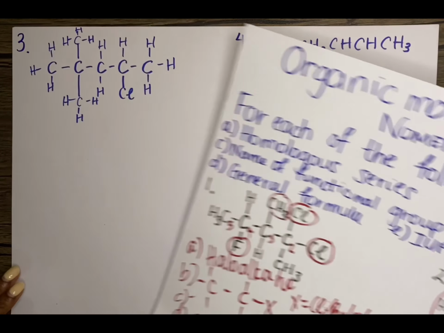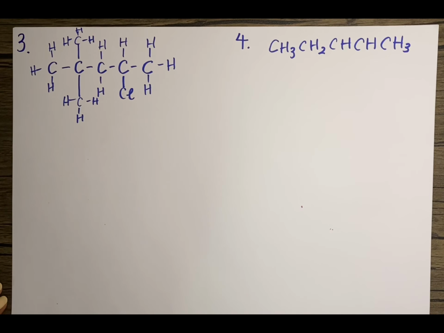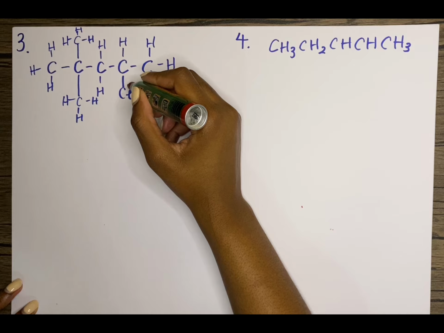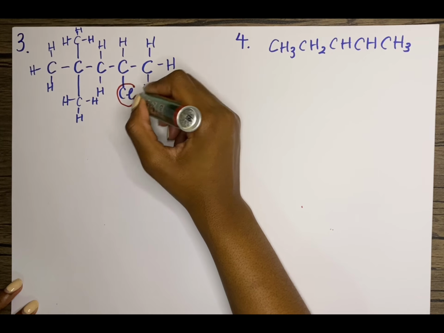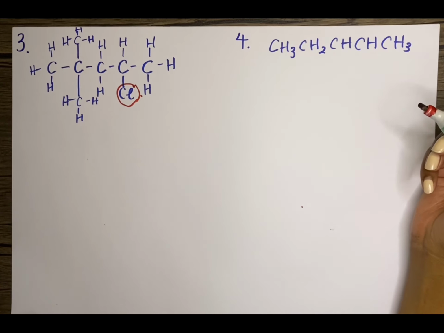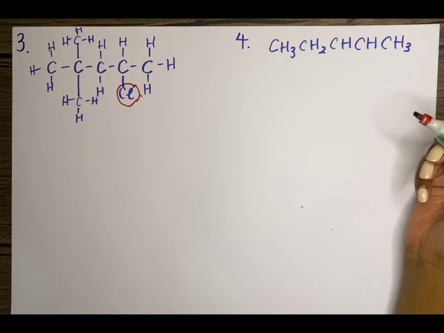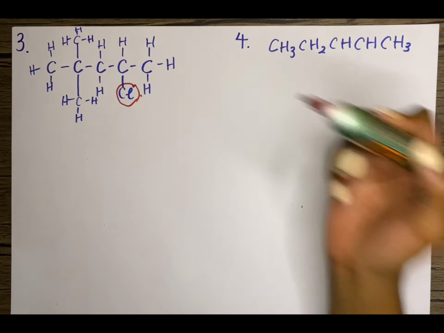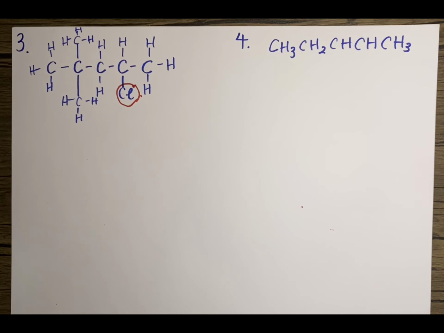So if you look at number 3, you will see that it also has, sorry about that, there's a bit of thunder on this side. There's a thunderstorm. So if you look at number 3, you'll see that it also has a halogen. So just like number 1, this is a haloalkane.